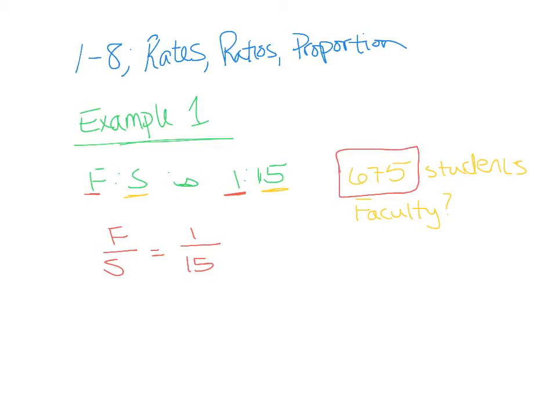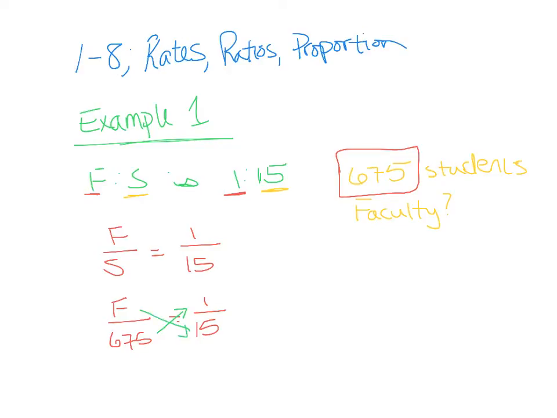We can replace students with 675, and that's going to equal 1 over 15. Okay? And then all we have to do is cross multiply. When you have proportions, you cross multiply. You don't multiply straight across.